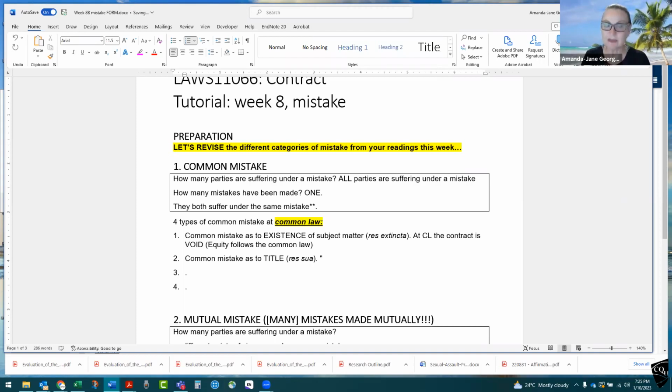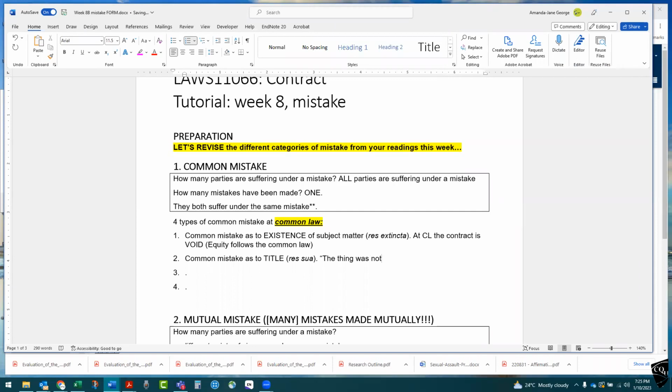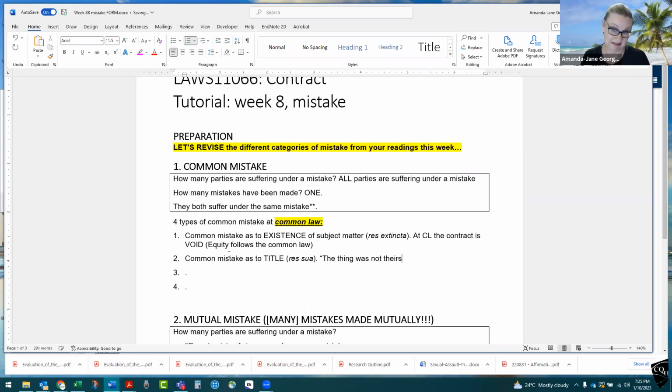Okay, so it means the thing was not theirs. They say the thing was not his, but I like to use non-inclusive language, so I say the thing was not theirs. So it wasn't theirs to give and it wasn't theirs to take.